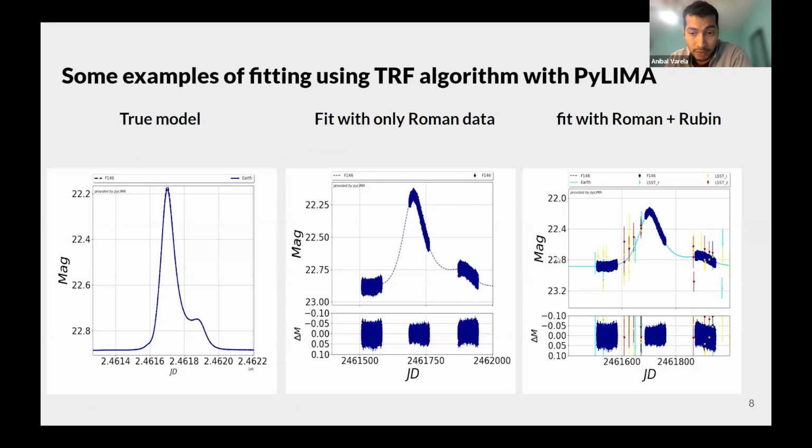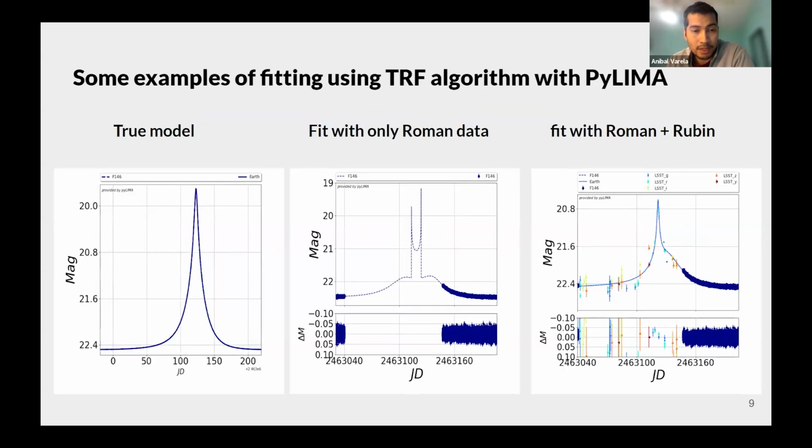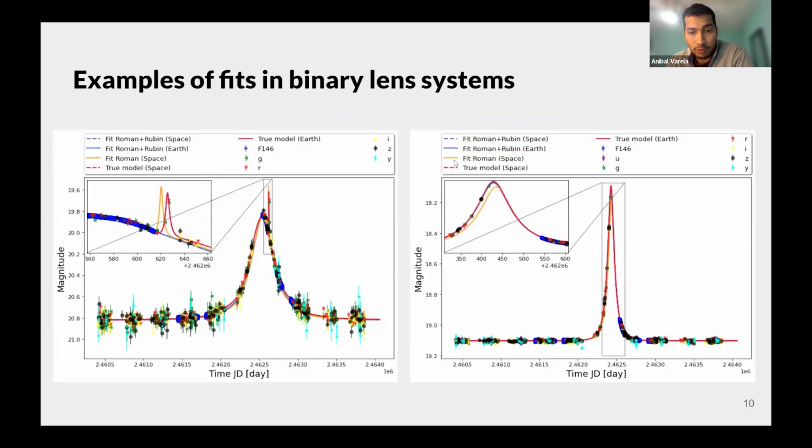We fit these light curves using the pyLIMA software, and the approach is to fit one light curve using only the simulated Roman data, and then add the Rubin data to the Roman data and see what the improvement is. We do that for several models of microlensing. One of those models is, for example, this binary lensing system associated with planetary systems.